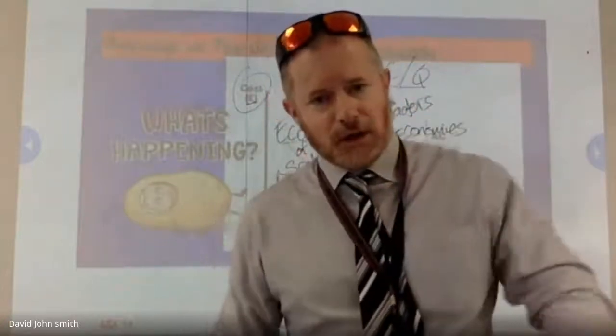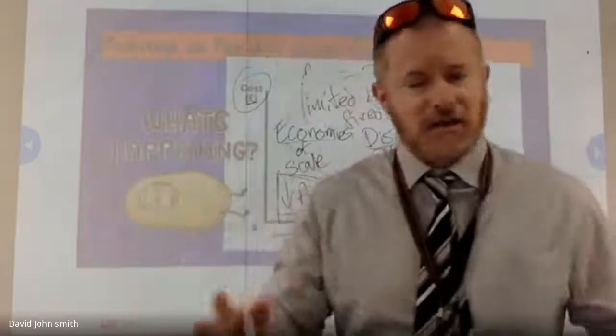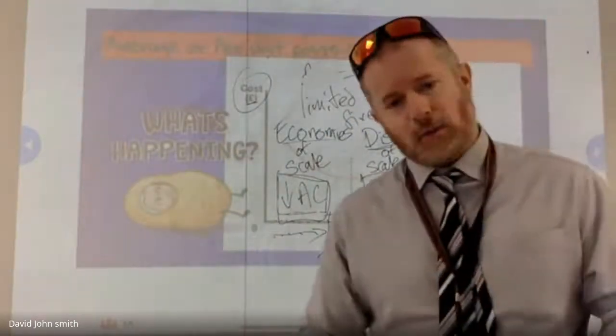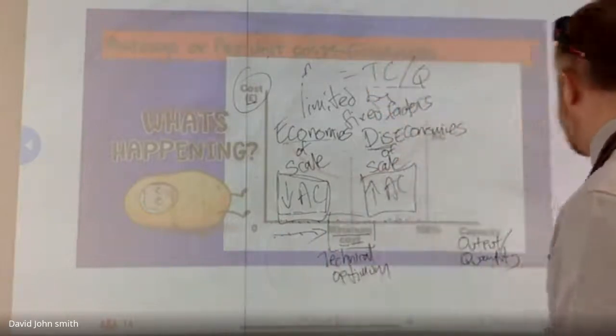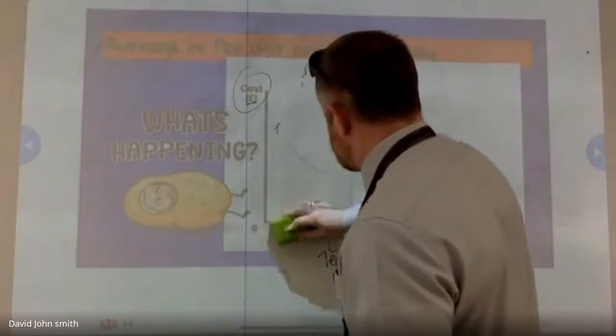So put more workers in, put more workers in, put more workers in, but eventually they're going to start getting in each other's way and your costs are going to start rising. That's the idea that we're heading towards here, right? But big thing for you to note is two things.